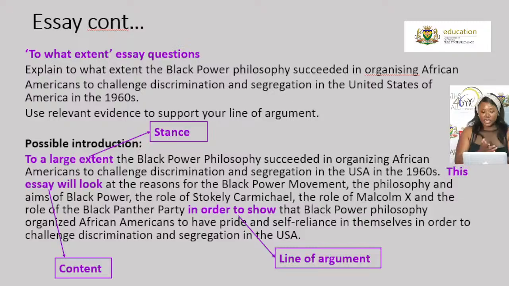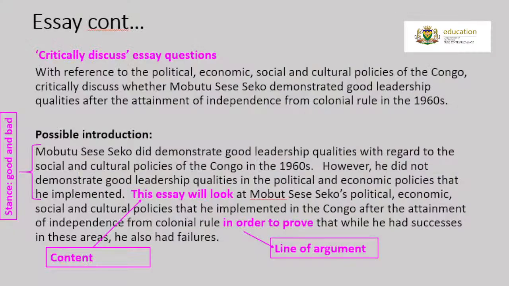And then as we continue, the critically discuss essay question. Now, we are using this critically discuss essay question for the topic of Congo. And then it says, with reference to the political, economic, social, and cultural policies of the Congo, critically discuss whether Mobutu Sese Seko demonstrated good leadership qualities after the attainment of independence from colonial rule in the 1960s.